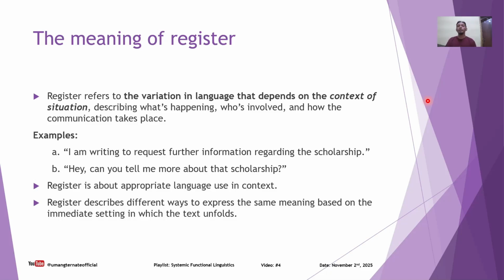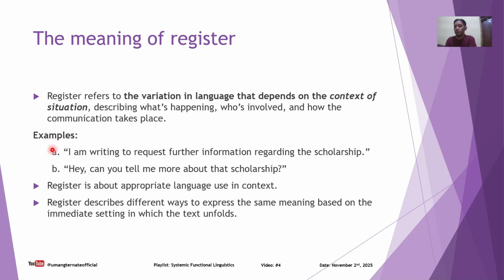Okay, maybe you ever wondered why we use language differently in different situations. Let's take a look at these examples. These two examples basically carry similar meaning, which is that the speaker requires or demands information.